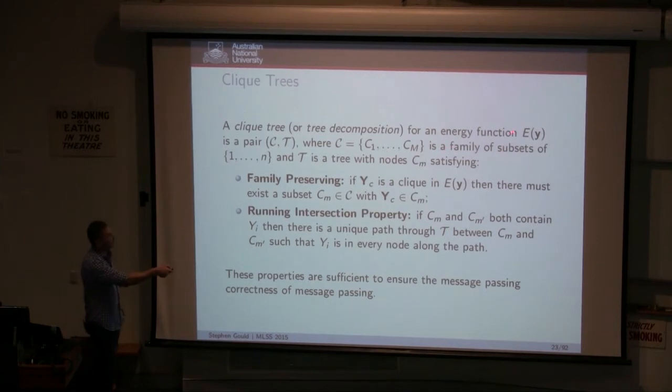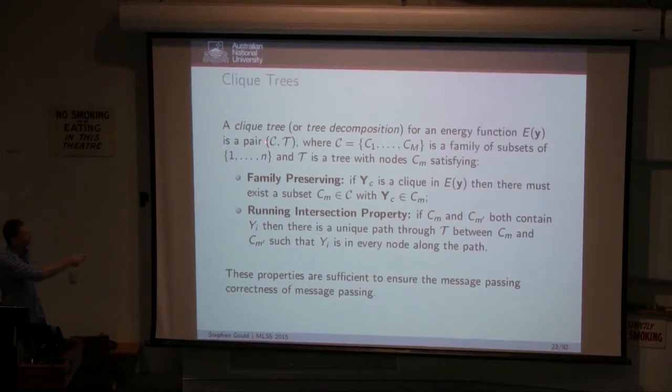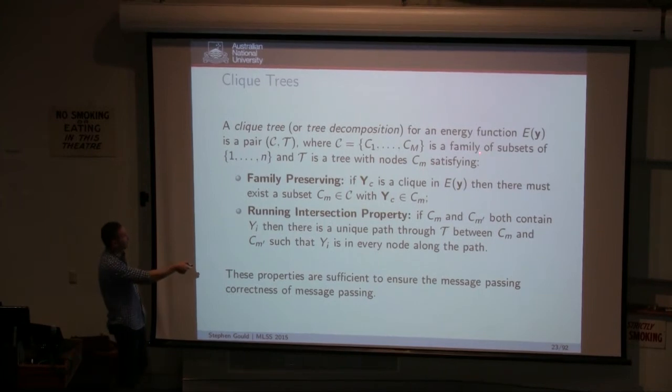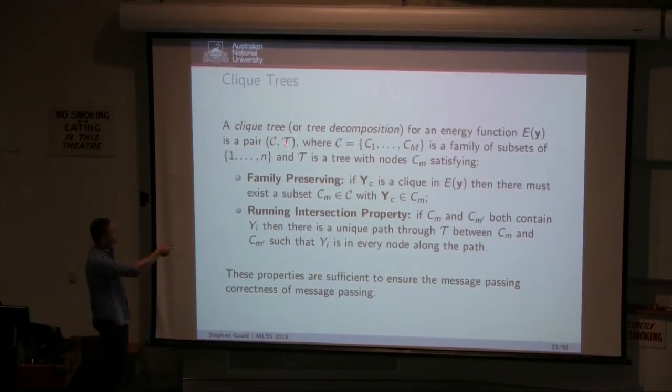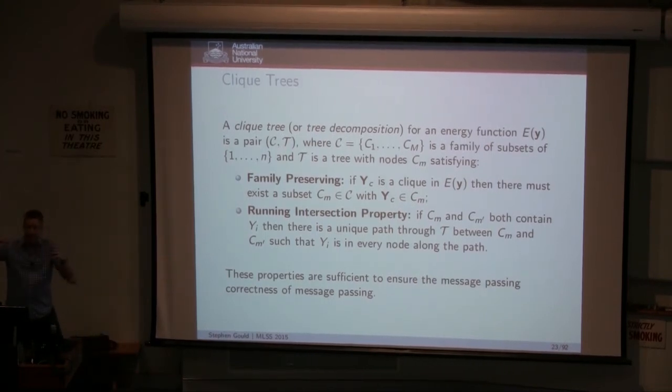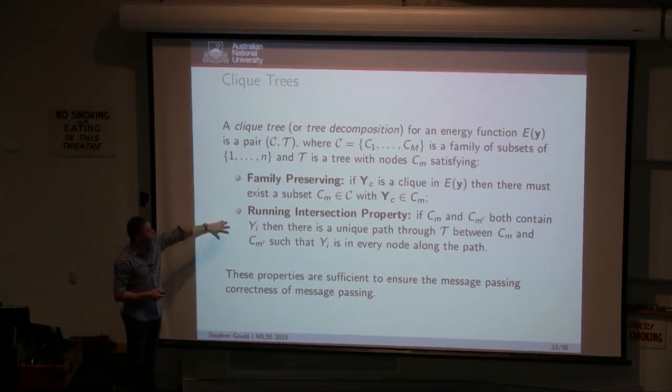for a particular energy function, and that's defined as a pair where the first element of the pair is a subset of cliques. Okay, so it's a family of subsets of variables, 1 to n. And the second element of this pair is a tree defined with nodes, which are these cliques, and the tree has to satisfy 2 properties.